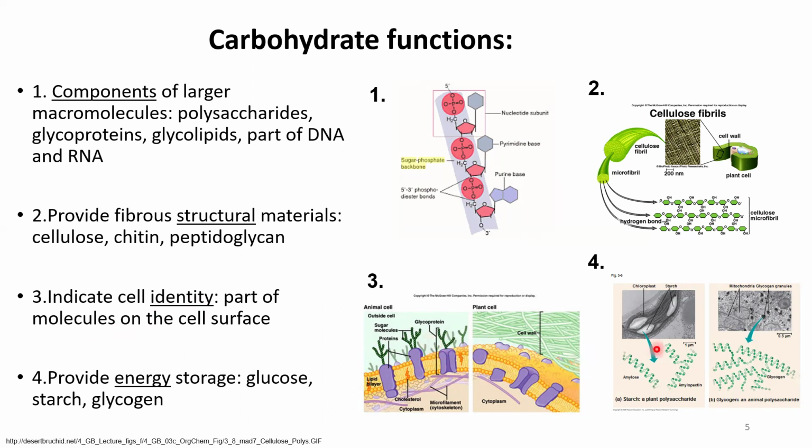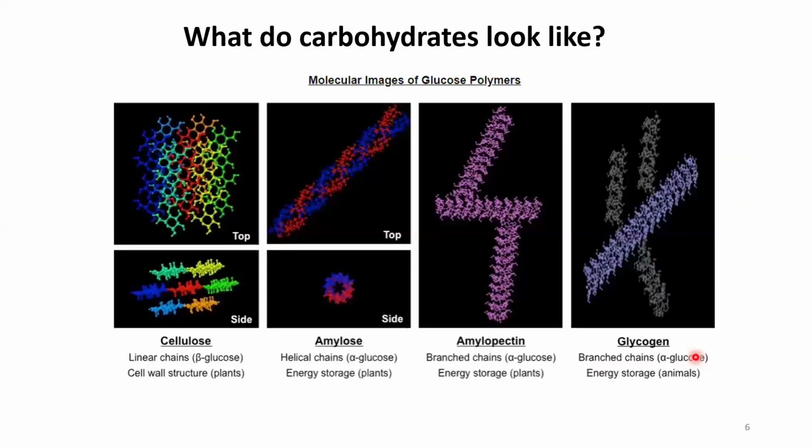And then it also provides energy storage like glucose, starch, and glycogen. So these are some examples of what carbohydrates look like. Some can be linear like these, some are helical like these, and then some are branched like these two.